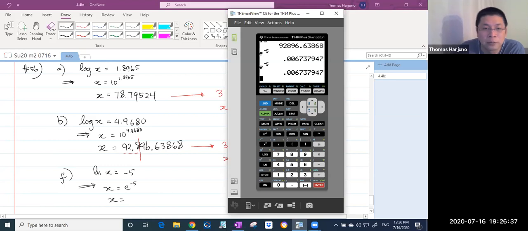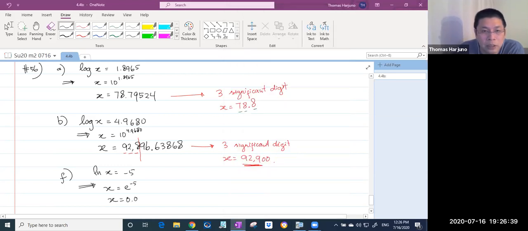Okay, so 0.00674. Now, it happens that my 5 decimal places is the same as the 3 significant digits. So this x equals 0.00674.